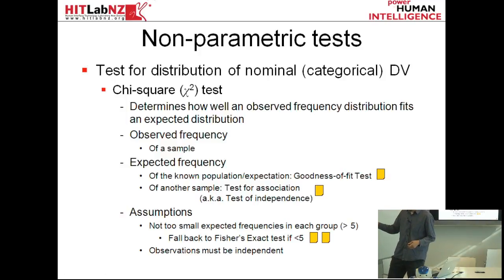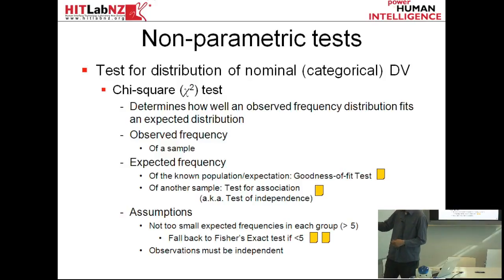But the main difference is, before, the table we had was looking like this, A, B, C, and this was observed. This was the random choice.